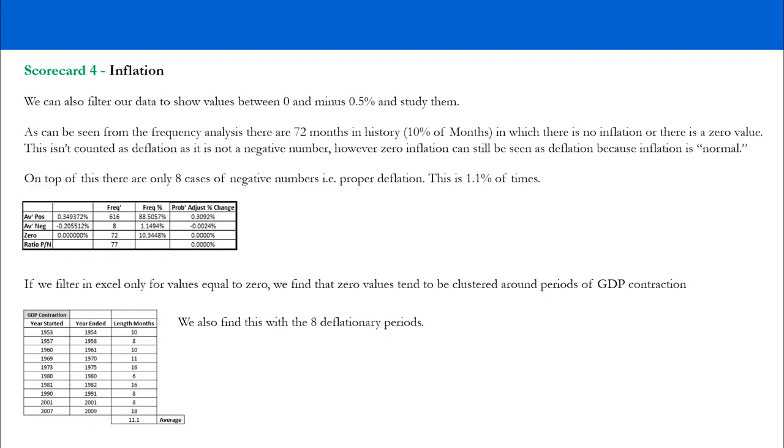Now, if we filter in Excel only for values equal to 0, we tend to find that 0 values are clustered around periods of GDP contraction. And we also find this with the 8 deflationary periods. So this kind of backs up the analysis of including 0 as a deflationary case.